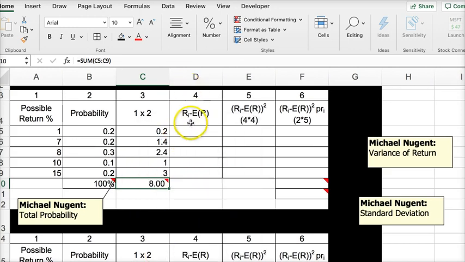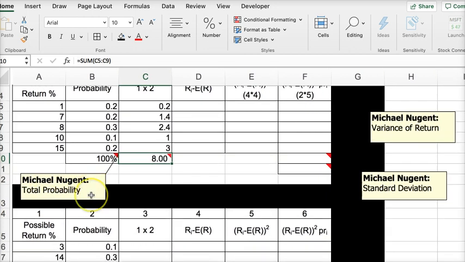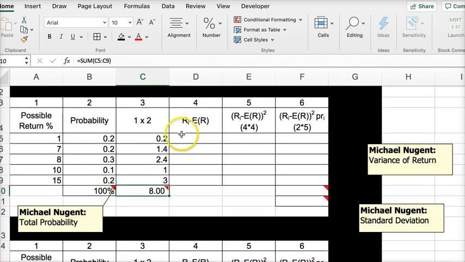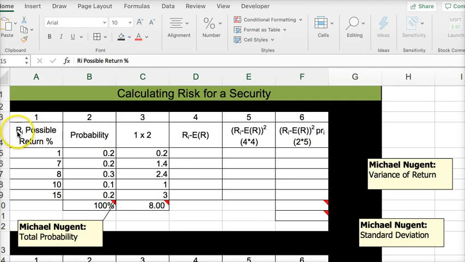Okay, so column 4, this is r sub i minus the expected return. What is this r sub i? That's a possible return. So I just inserted the little notation here.